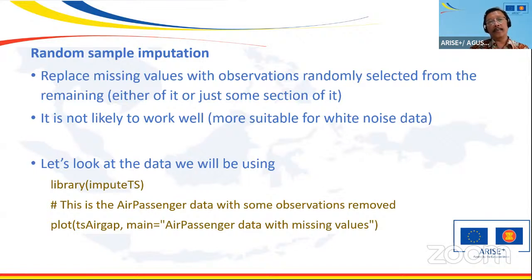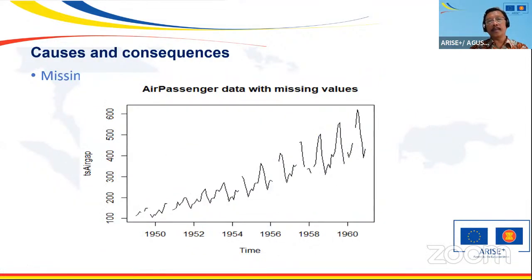But for this purpose, some data have been removed from this air passenger data, considered as missing. So if you see here, there are missing values in some areas, but these have been removed. Initially, this is complete.